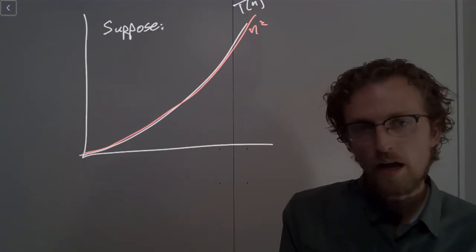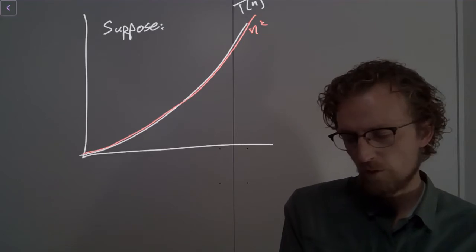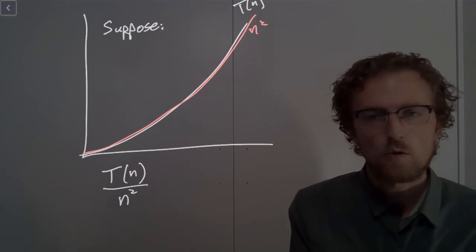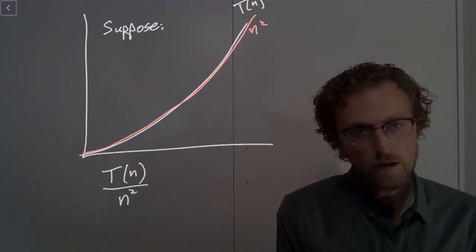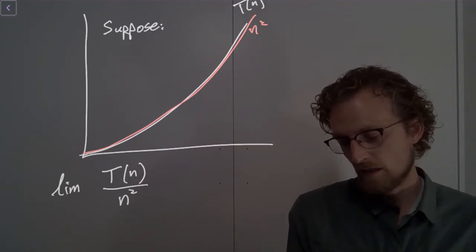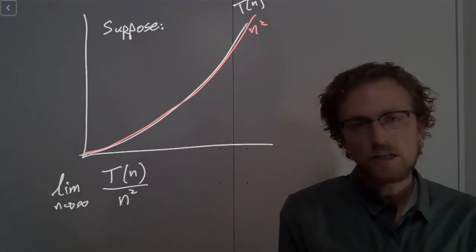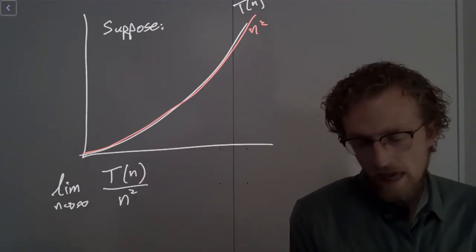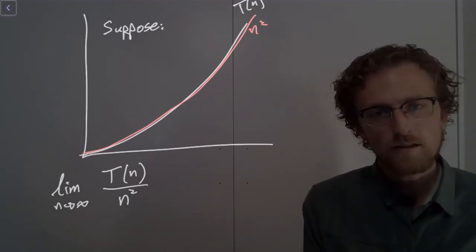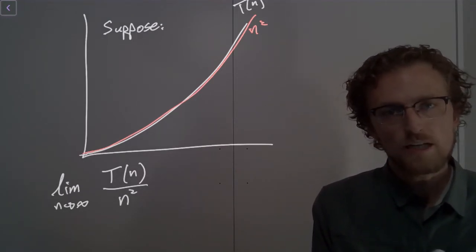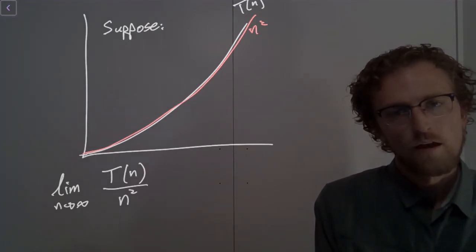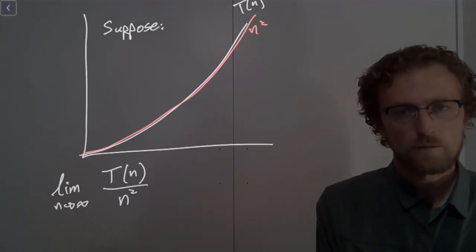So here's a ratio that is going to be universally helpful for us. Let's think about the ratio T(n) divided by n squared, taken in a limiting sense. What is the limit as n approaches infinity of T(n) over n squared? You may pause the video and think about this: if this plot is what I get when I plot T(n) and n squared and then zoom way out to 20 billion or something like that, what would this ratio evaluate to?